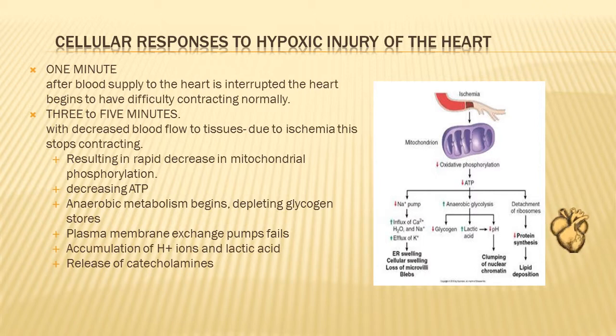So the anaerobic metabolism begins, and that depletes your glycogen stores. The plasma membrane pumps fail, your sodium, potassium, calcium, and then that leads to cellular swelling, and then you have accumulation of hydrogen ions and lactic acid, and that's decreasing your pH.